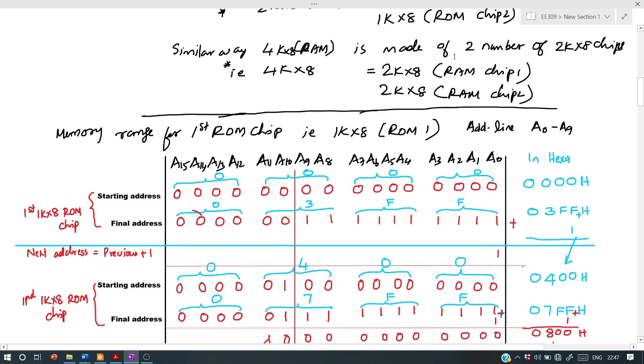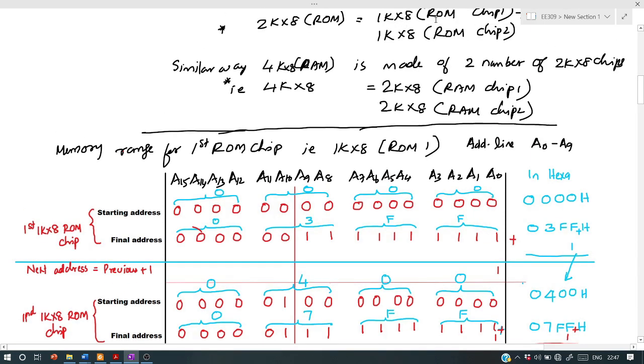For that, let's consider the first 1K into 8 ROM chip. Here the address lines are A0 to A9 in order to interface the 1K ROM chip. In 8085, we have 16 address lines. So the first step in order to find the memory mapping or memory range is to group the entire address lines in groups of 4 like this.